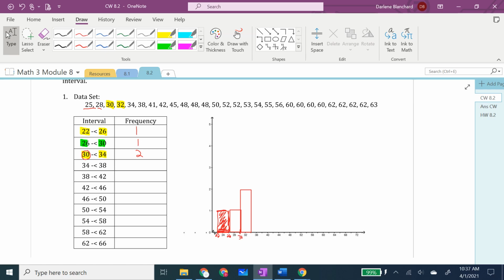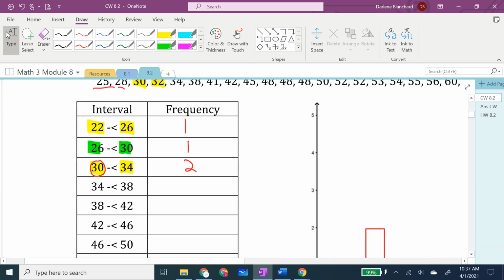What you're doing is you're looking at from 30 equal to 30 to less than 34. So it's actually looking at this kind of interval.